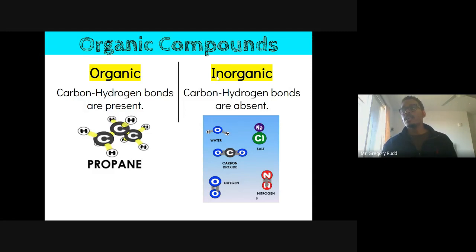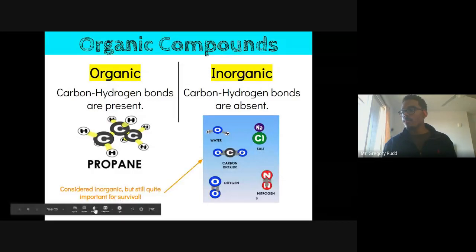Inorganic compounds do not have carbon-hydrogen bonds, and that could be for a number of reasons. It could be because it doesn't have carbon. For example, water is H2O. There's no carbon in water, so of course it doesn't have carbon-hydrogen bonds. It could be because it doesn't have hydrogen, like carbon dioxide. Carbon dioxide does not have hydrogen.